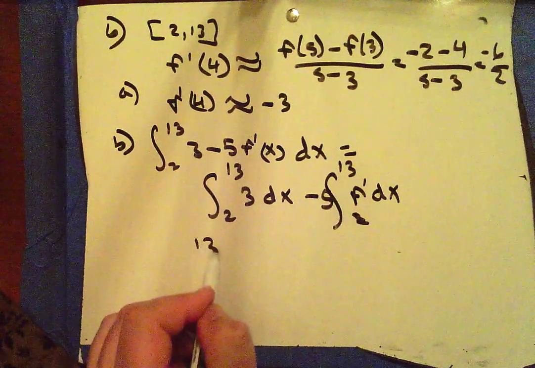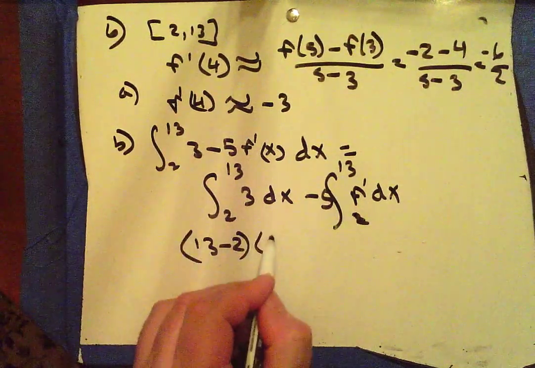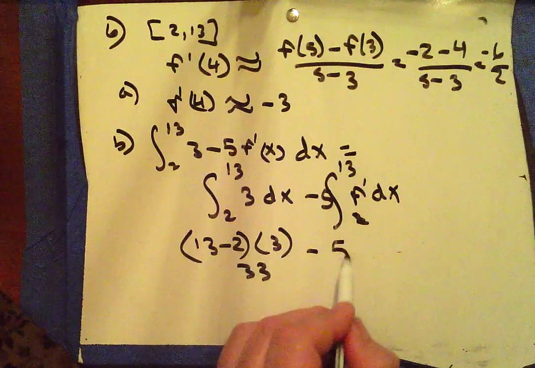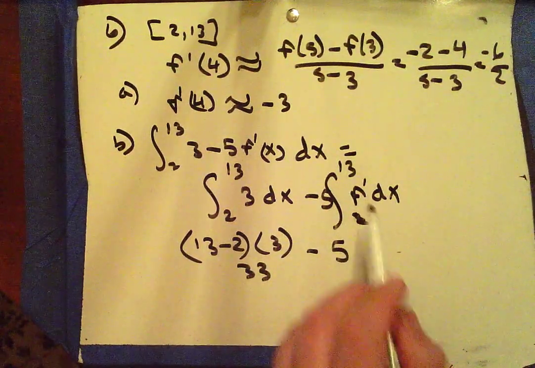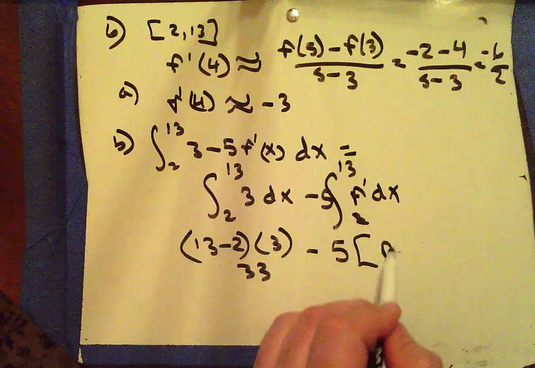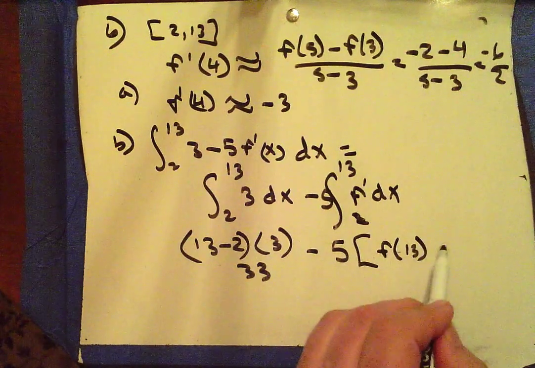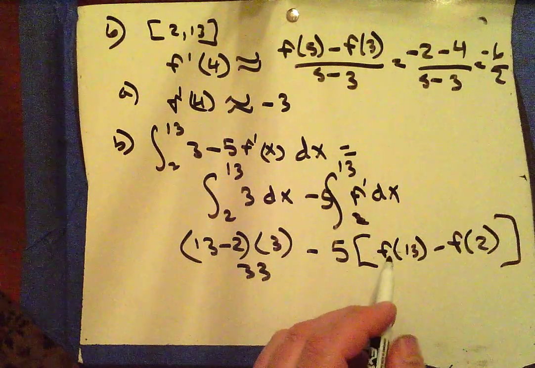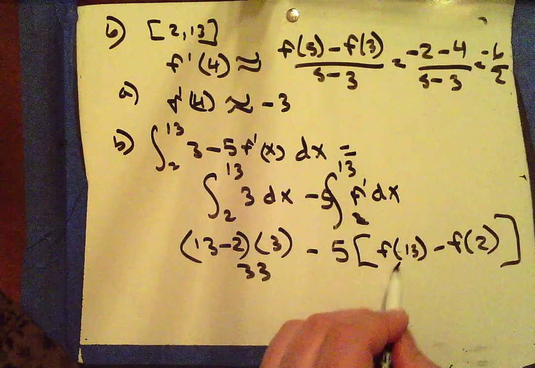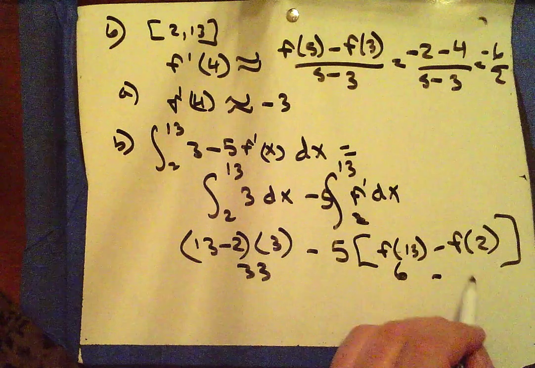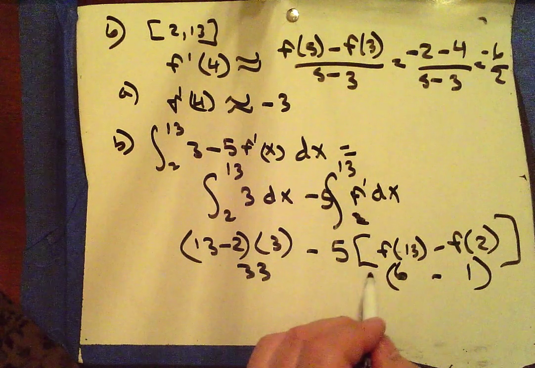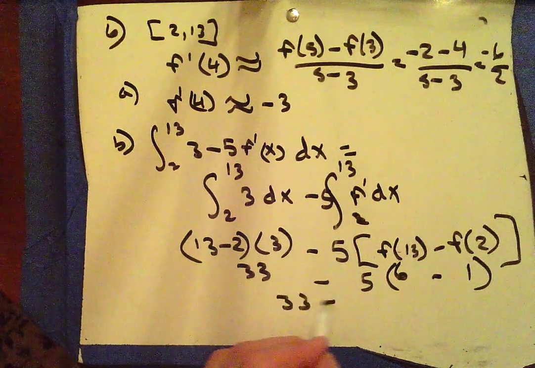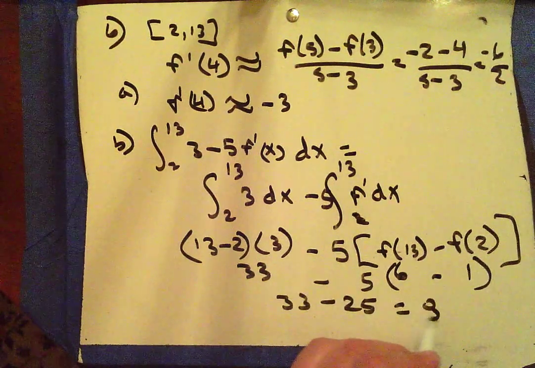This is just going to be 13 minus 2 times 3, or 33, minus 5 times f of 13 minus f of 2. F of 13, according to the table, is 6. F of 2 is 1. So I get 5 times 5, or 25. 33 minus 25, or 8.